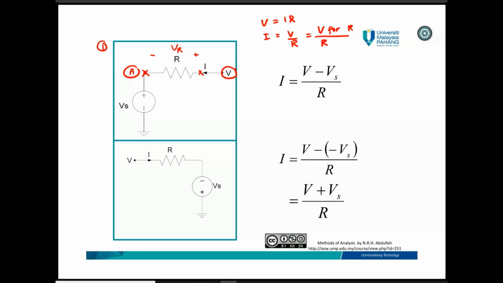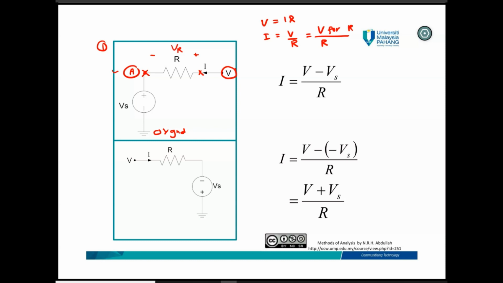So from here, the voltage at the positive is A, and the voltage at the negative here is 0. 0 is ground. Ground voltage is 0 volt.